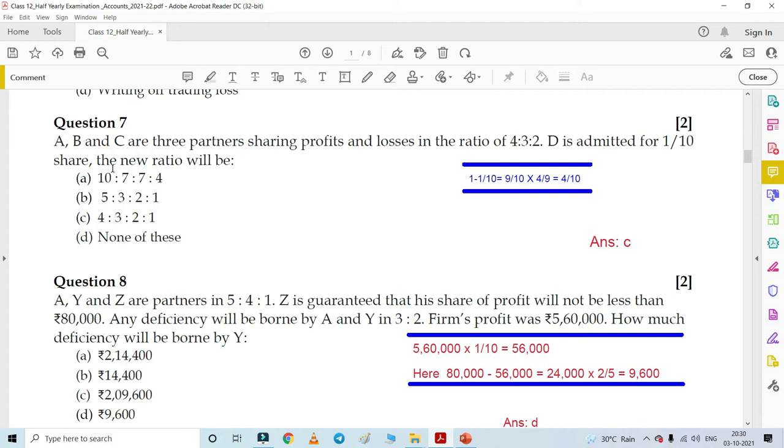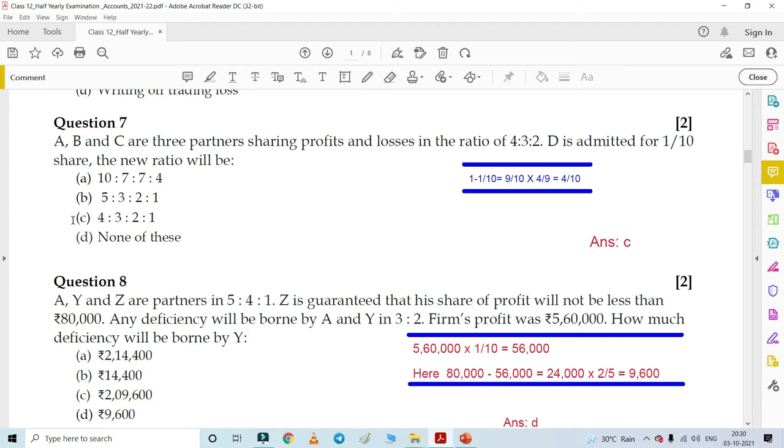And here we can see that for A, option D is having 4. So it's very clear. We need not find the rest too. You can save time this way. Just simply choose and save your time rather than calculating the other two ratios, because just by this it's clear that C is the correct option, that is 4:3:2:1, because D is already getting 1 and for A you have found out 4.